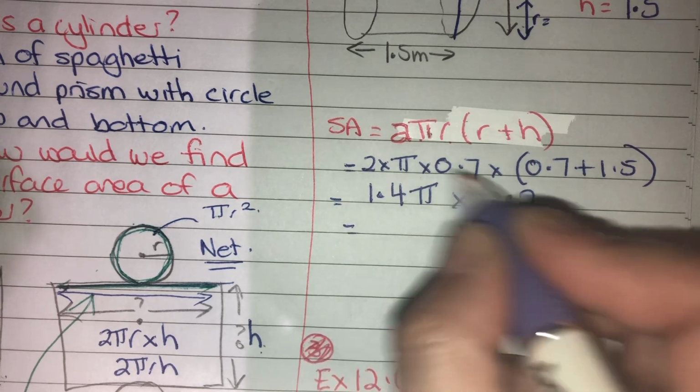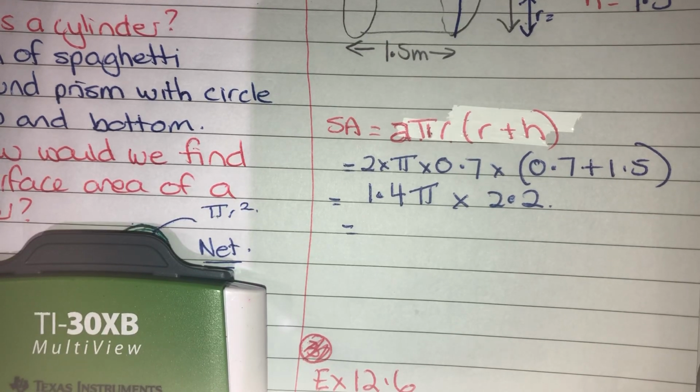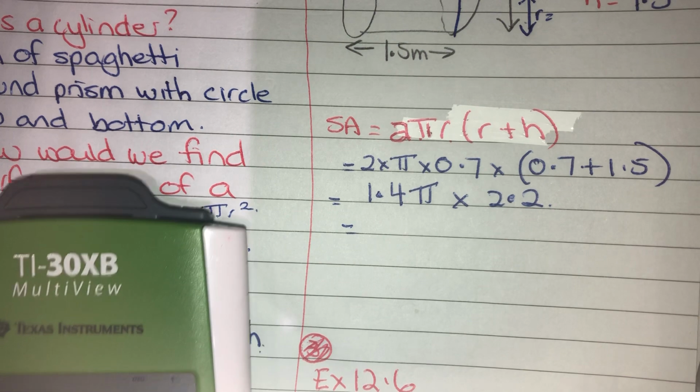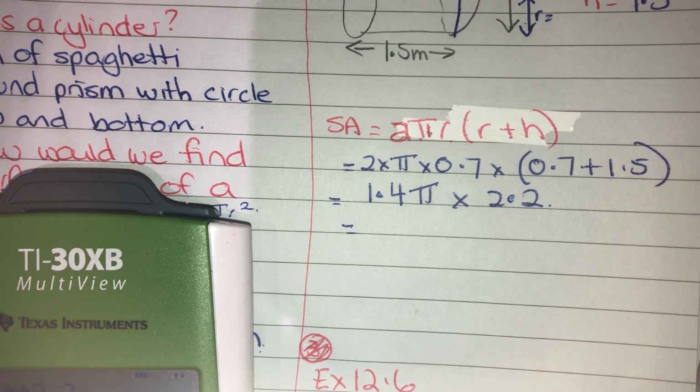Now, I'm going to go straight into the calculator from here, showing you that it can be done. I really need you to be doing it too, because imagine if you can do all that, that's the hard stuff, and then you mess up what's in your calculator. Okay, 1.4 pi multiplied by 2.2, enter.